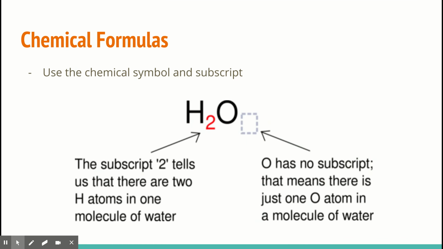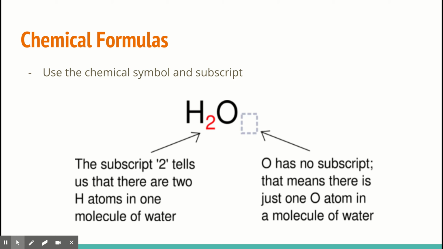Chemical formulas. I've been talking about chemical formulas in these slides, and let's just break it down so I can explain what these symbols mean. We use the chemical symbol, meaning H for hydrogen and O for oxygen in the example of water. And we see a subscript there. That subscript tells us that there are 2 hydrogen atoms in one molecule of water.